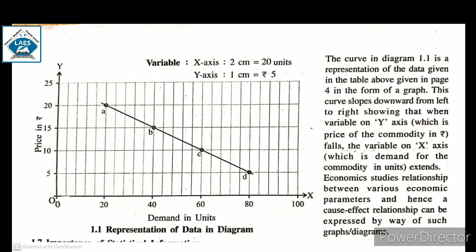Cause effect मतलब यहाँ क्या बता रहा है कि जो चेंजेस आया दैट इज द कॉज, इफेक्ट का आया, चेंज का आया प्राइस में, इफेक्ट का आया डिमांड में. So it is the cause and effect relationship which can be explained in a tabular form or through the way of diagram or the graphs.